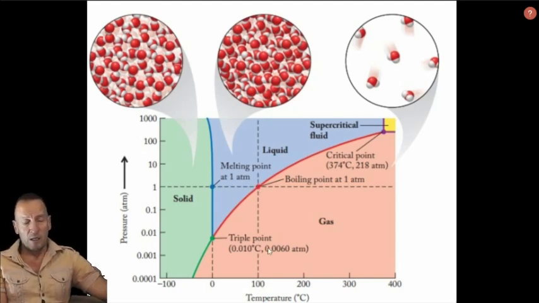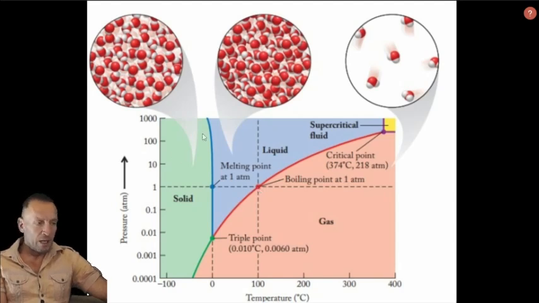We're talking about sea level. At the boiling point, the water starts evaporating. This boiling point is called vaporization in scientific language. So the melting point is called fusion, and this one is called vaporization.